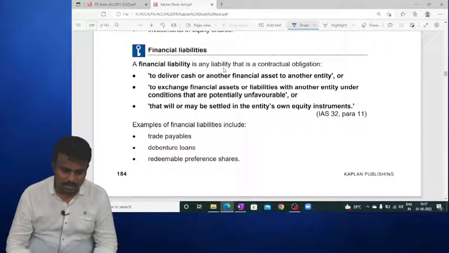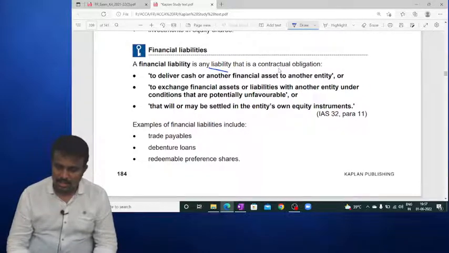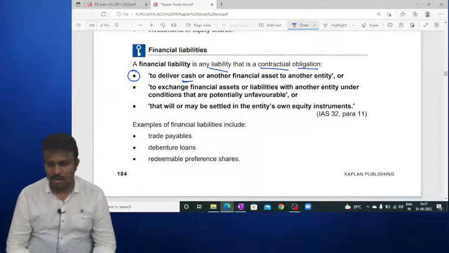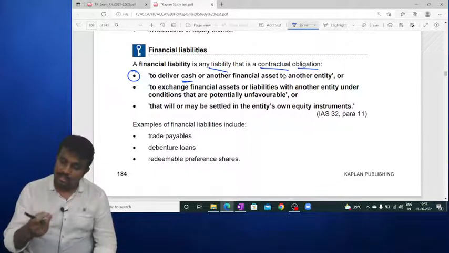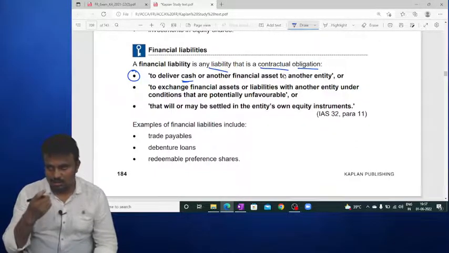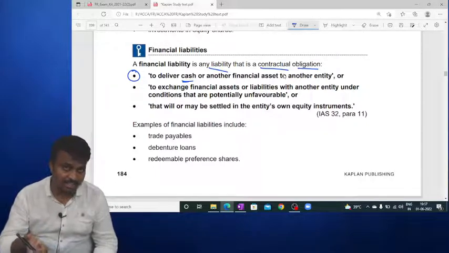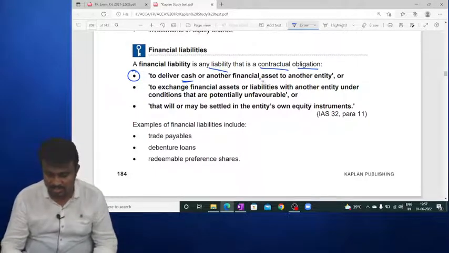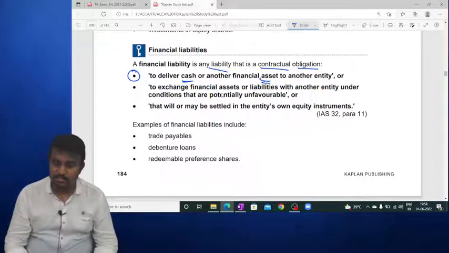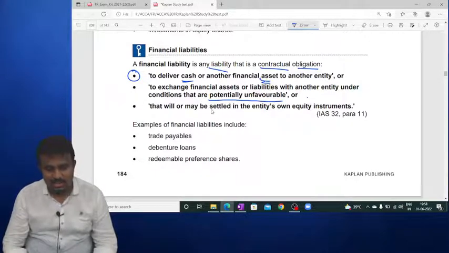A financial liability is a contractual obligation to deliver cash or another financial asset to another entity in future, or to exchange financial assets or liabilities with another entity under conditions that are potentially unfavorable, and that will or may be settled in the entity's own equity instrument.